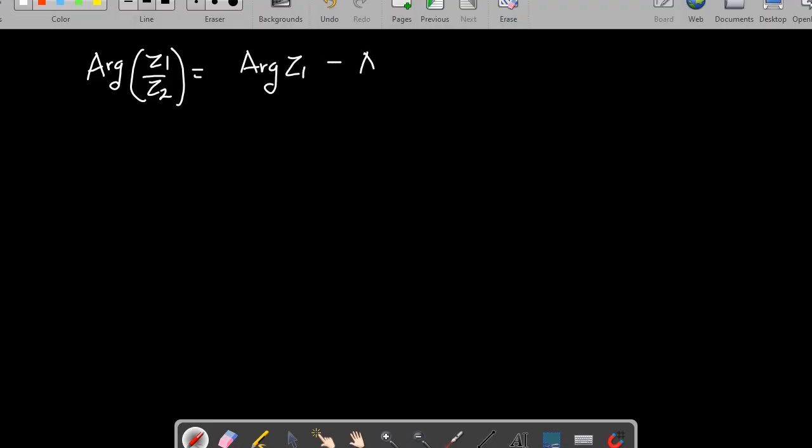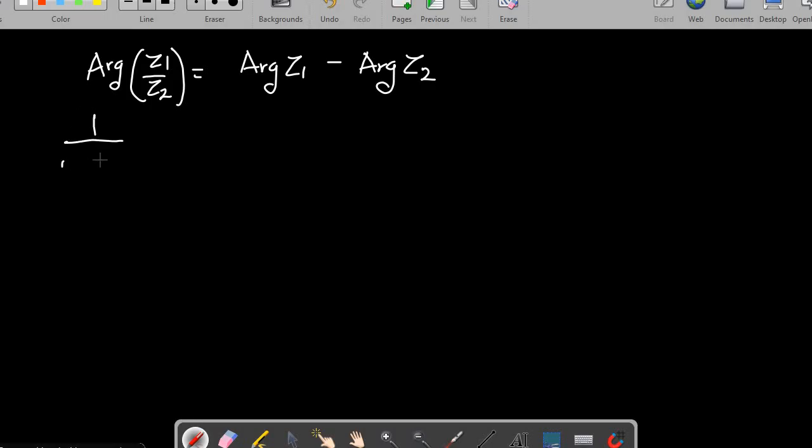That principle is that if I have the argument of two complex numbers dividing, it's the same thing as the argument of the first one, the numerator, minus the argument of the denominator. Okay, so let's start with modulus anyways.